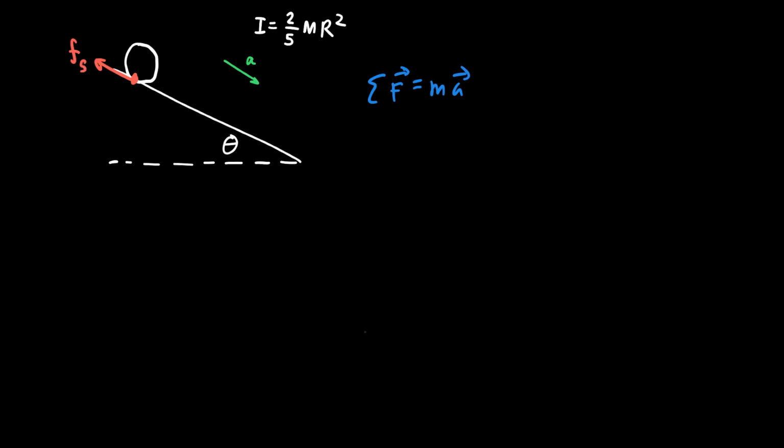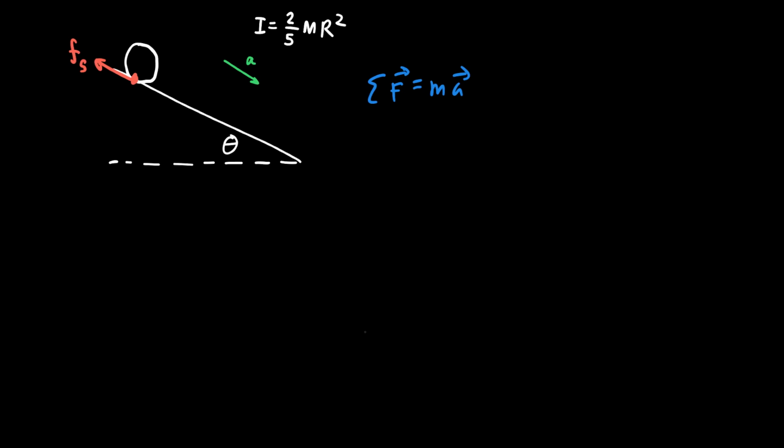It's static friction because it rolls without slipping, and so it doesn't slide as it goes down the inclined plane. There must then be static friction between those two. Which also means that frictional force doesn't do any work to slow down this object. Only kinetic friction can do that, only when they're sliding. So there's static friction there that points up the ramp.